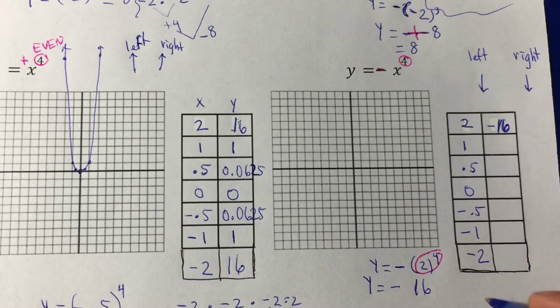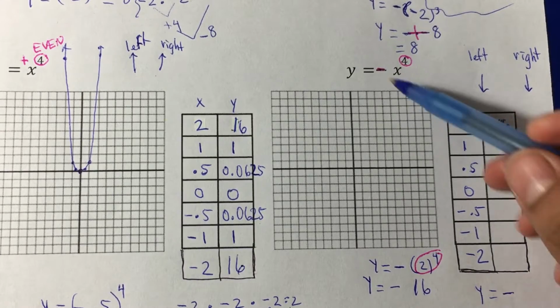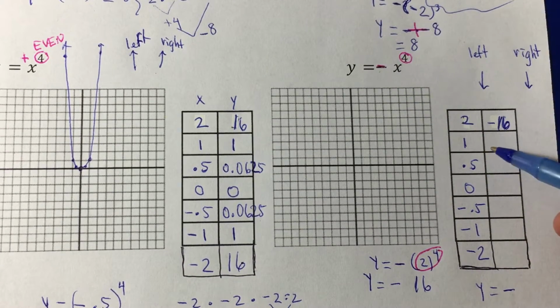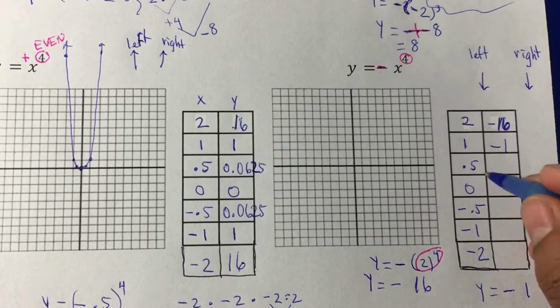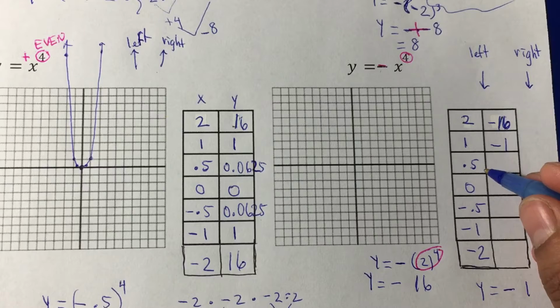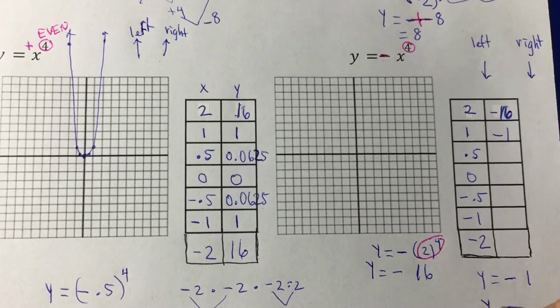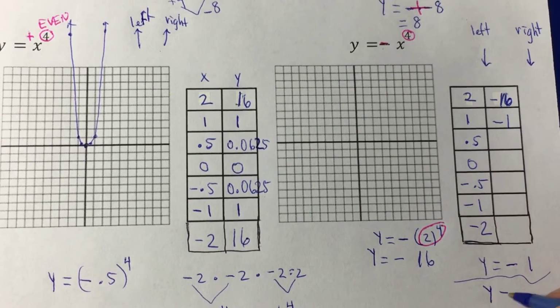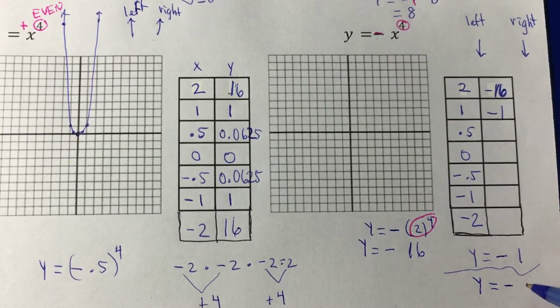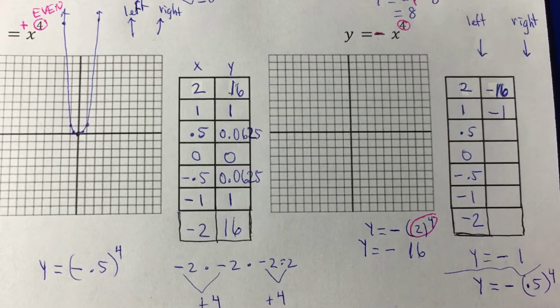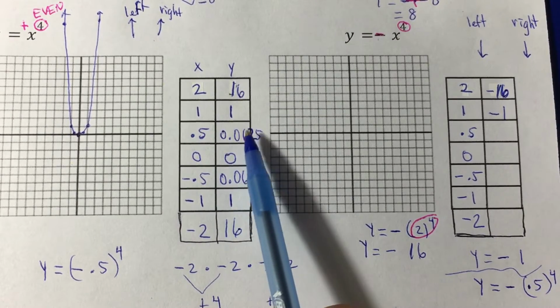For the next one, y is equal to negative from the formula, 1 times 1 times 1 times 1 will be 1, and so this will be negative 1. For 0.5, we're just bringing down the negative, and 0.5 to the fourth power. We already know that it's this number, right?